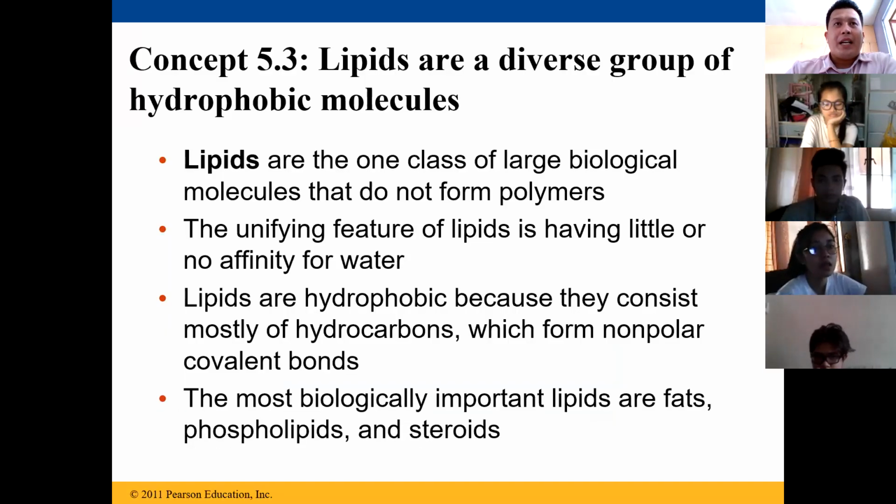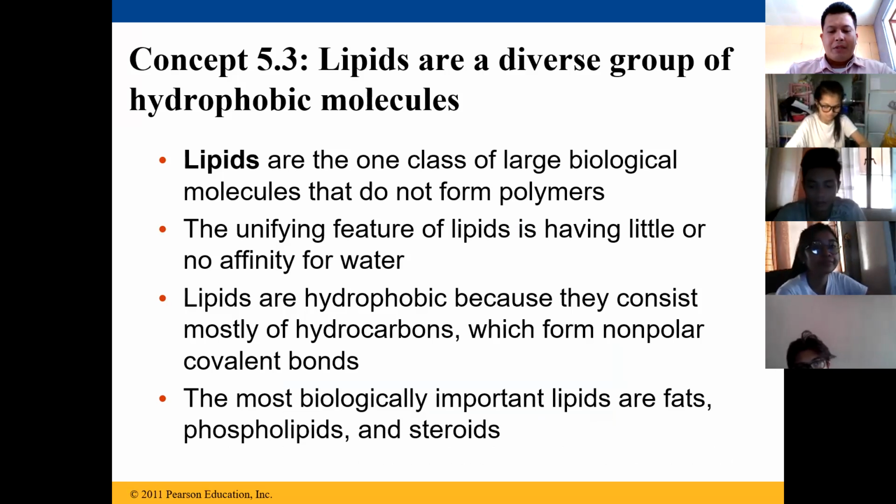So those are examples of carbohydrates, its monomers and polymers. So again, what is the monomer of carbohydrates? It's called simple sugars or monosaccharide. Examples of monosaccharides include glucose, galactose, and fructose.